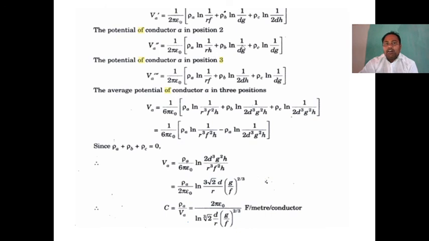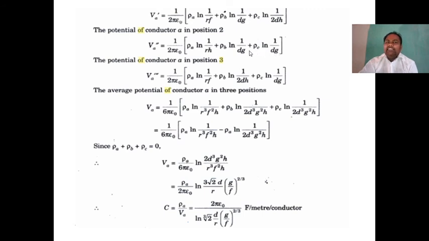Similarly, rho B log 1 by DG is the distance between conductor A to B and also A to B dash. Similarly, the distance between conductor A to C and also A to C dash. Please observe the diagram carefully.